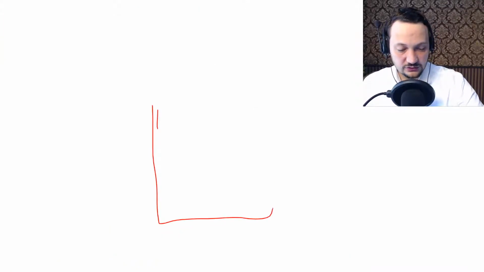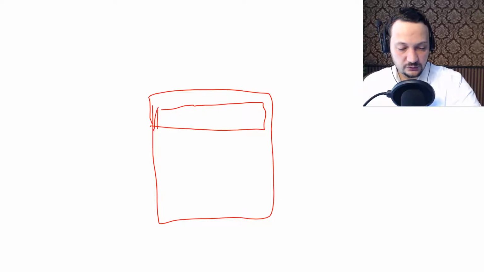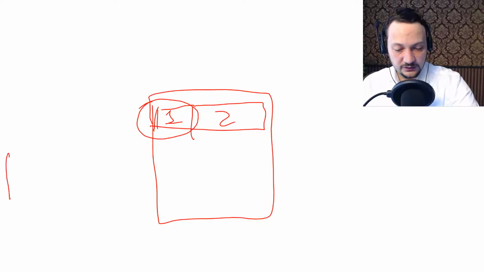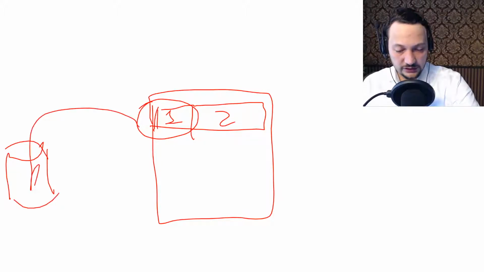So let's imagine that we have some server solution here. We have a server and two virtual machines here, number 1 and number 2. If we want, we can copy this virtual machine to our database as a whole.